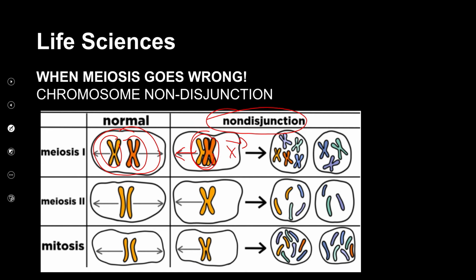If this cell then was to fertilize, you'll end up with a cell having an extra copy of that chromosome, and that means it's an abnormal number of chromosomes. We also know that if the cell that has not received the chromosome fertilizes, there would be a chromosome missing in that cell.